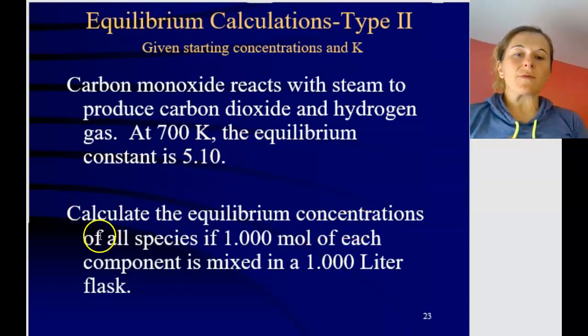Calculate the equilibrium concentrations of all the species if 1 mole of each component is mixed in a 1 liter flask. All right, pause and give that a go. If anything, just set up your ICE table and the knowns they're giving you in the problem, and then come back and take a look at the answer.